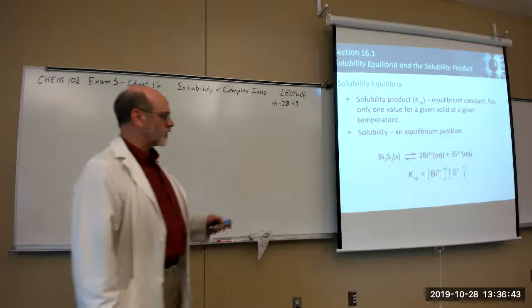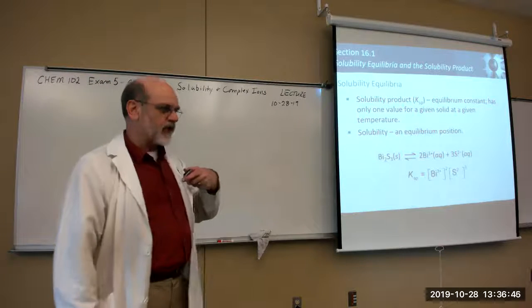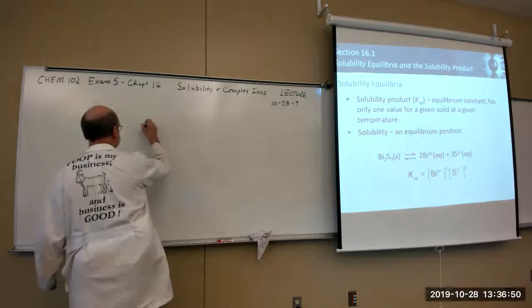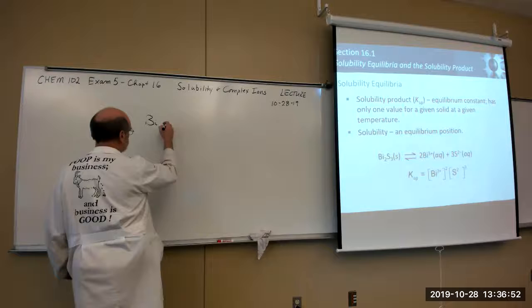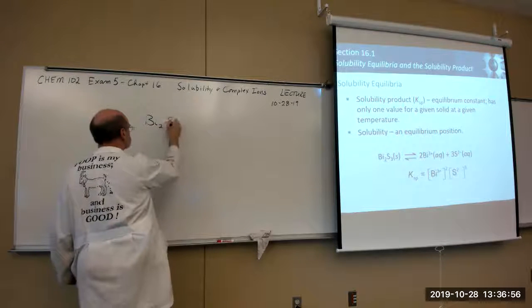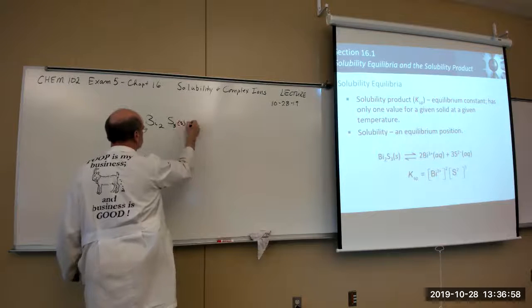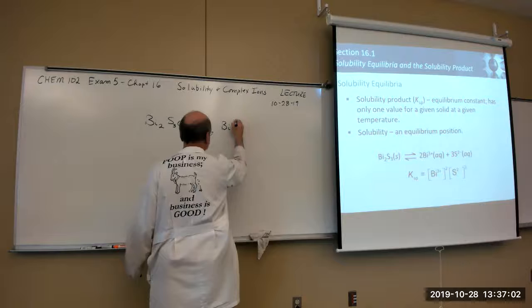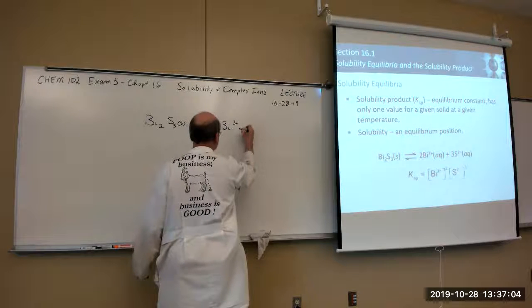And recall that when we create an expression for equilibrium, let me just put this up here. Bi2S3 solid will be in equilibrium with the ions that are in aqueous solution.